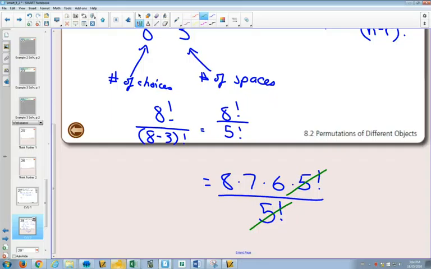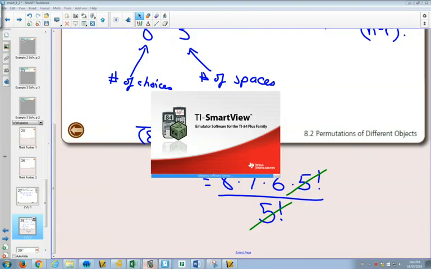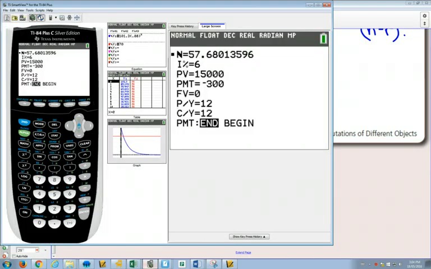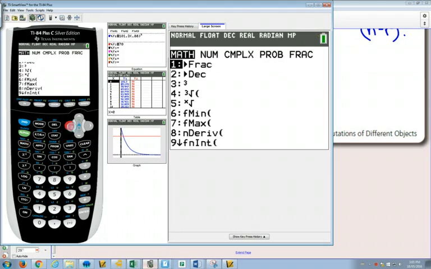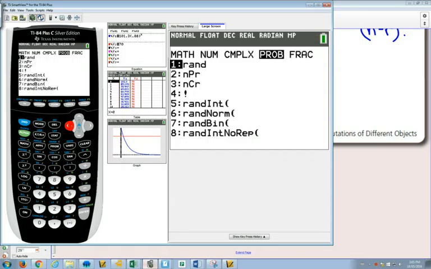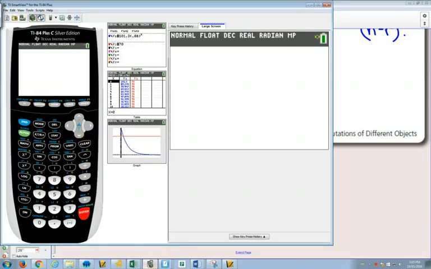Did everybody find the nPr button on your calculator? Did you figure out how to use it? So you have to put 8 first, right? So we go 8, and then go to math, and the same place in probability where you had the factorial, you can go to nPr.